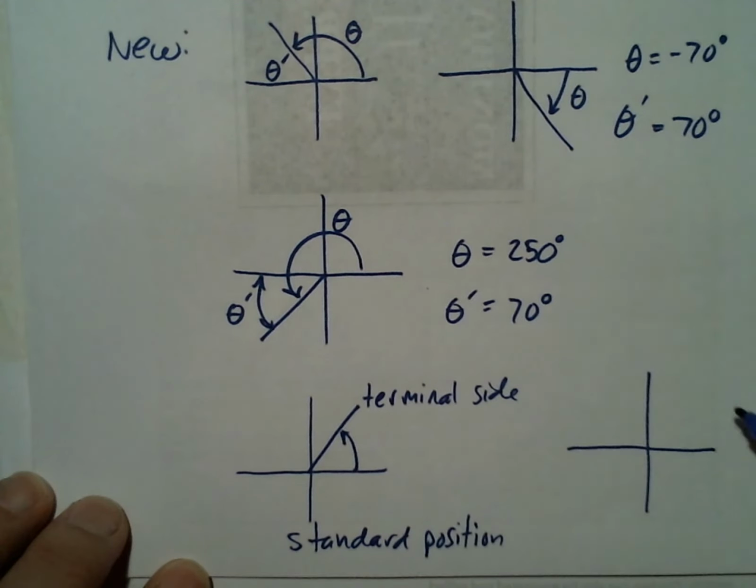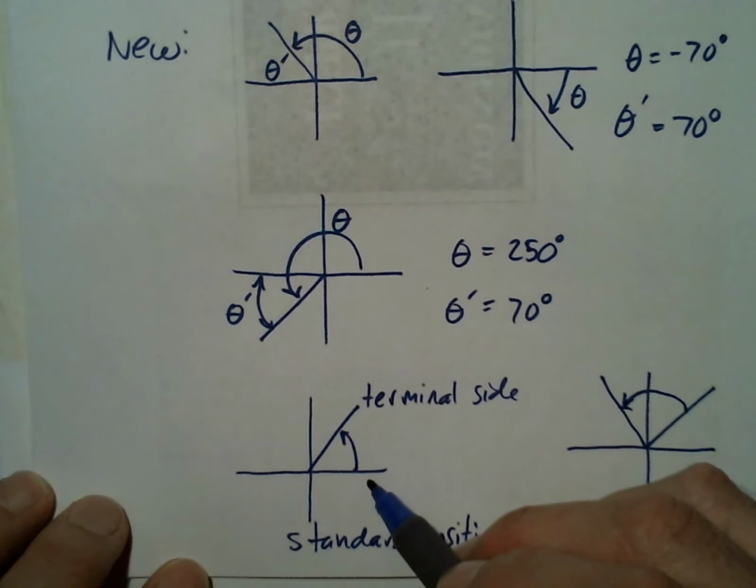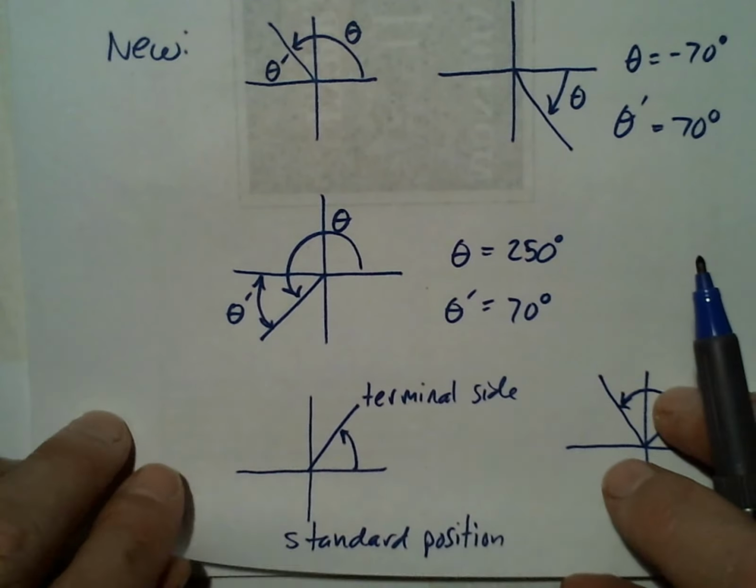And if we look at an angle like this, if we start here and we rotate there, this is not standard position because it didn't start at 0. Standard position starts at 0, just like we've been doing in the previous lessons.